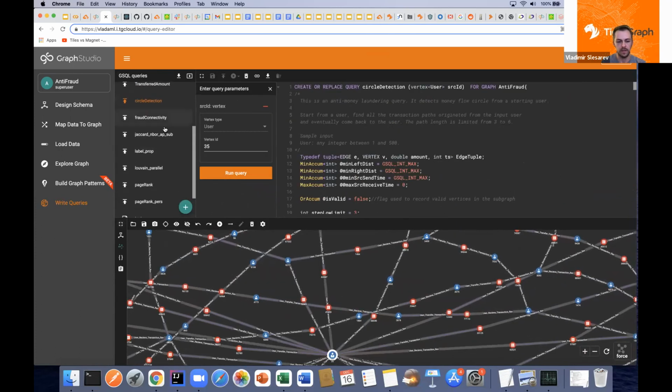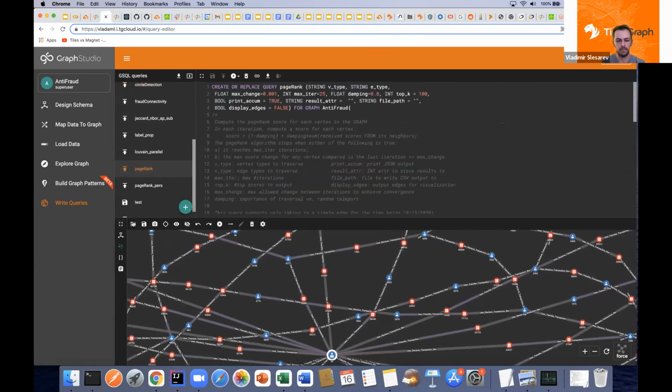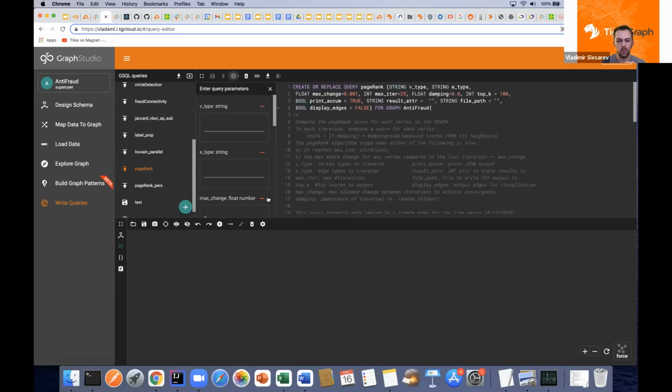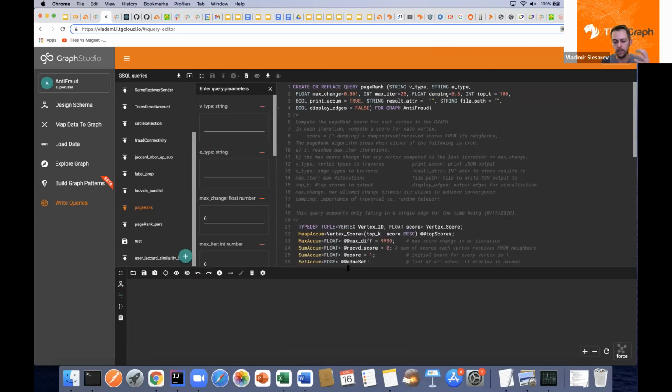A little bit further, Prem mentioned things about determining user influence. Now, I have an algorithm here. This is a PageRank algorithm, one of those classic graph algorithms. What this allows us to do is determine who is the most influential user within my database, in my Venmo system.